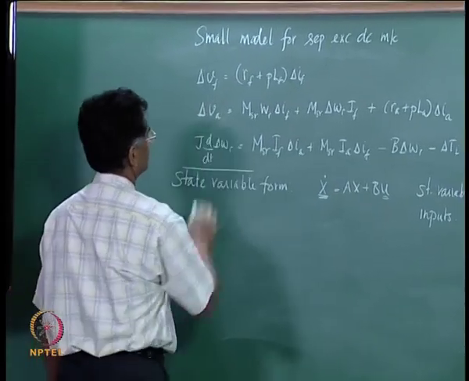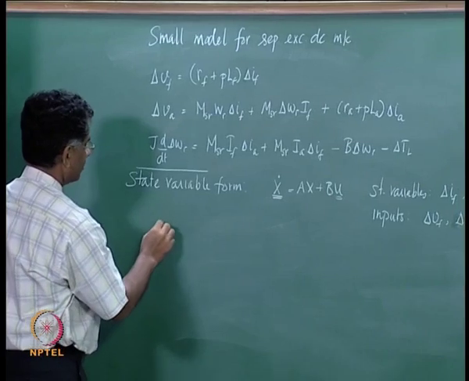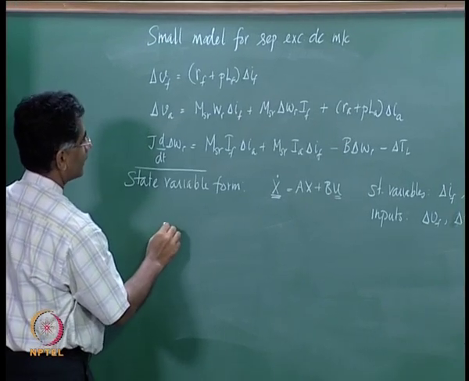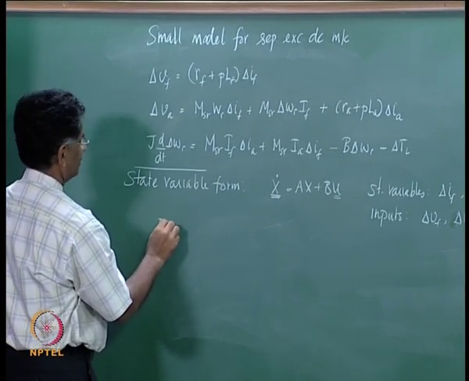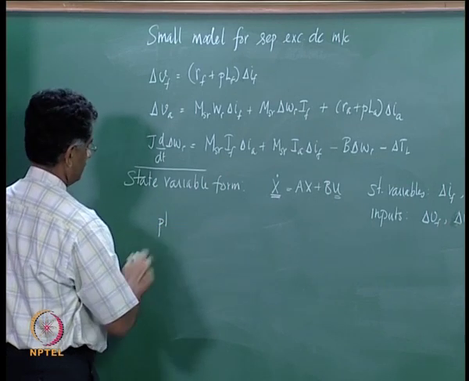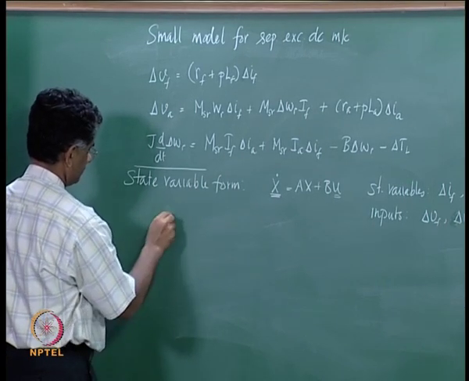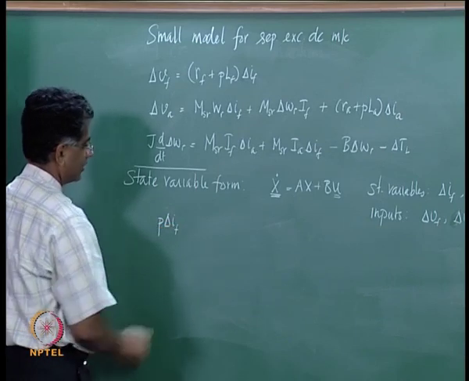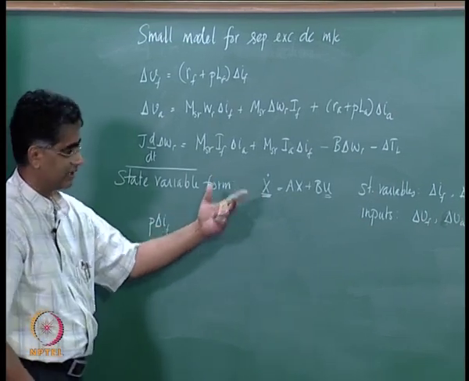The first equation is easily done. You have P times delta If, that is nothing but x dot, which is dx by dt.